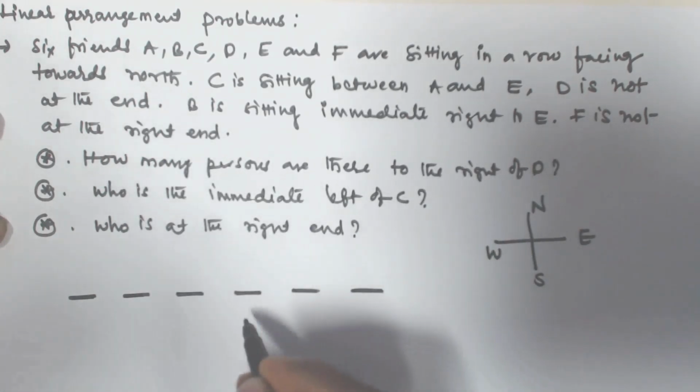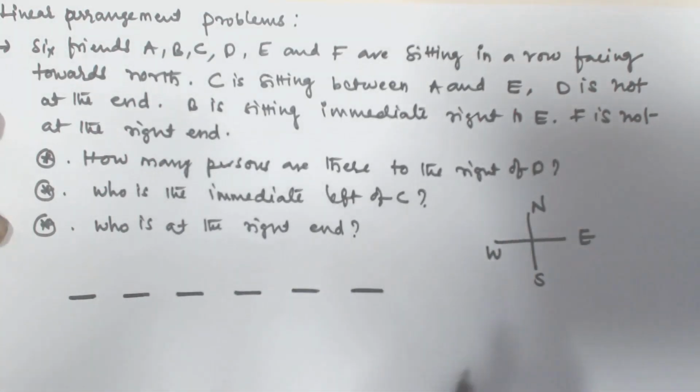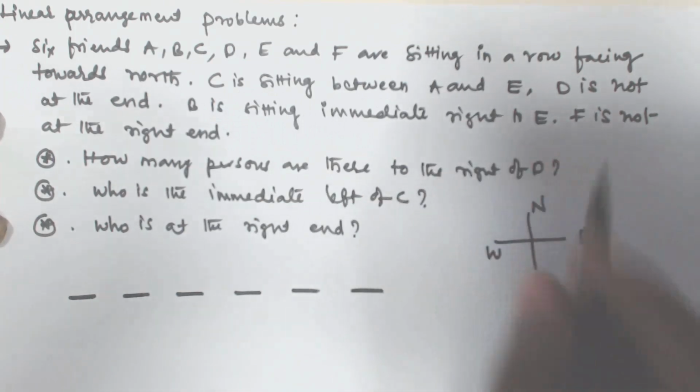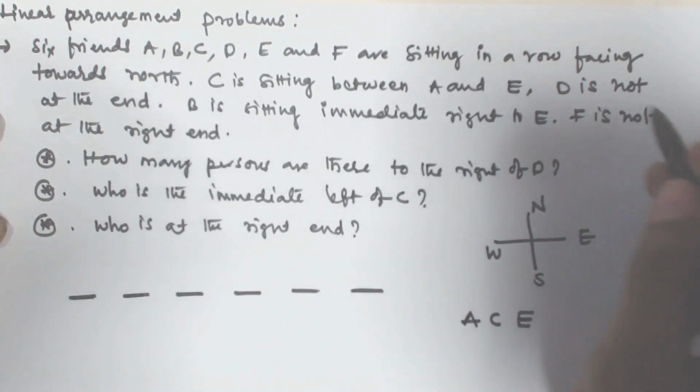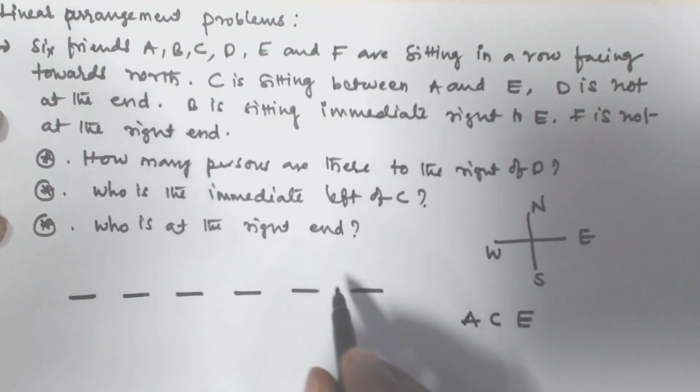Before filling the finalized positions, we will find just the arrangement order. C is sitting between A and E, so if A is here and C is here and E is here, C is between A and E. D is not at the end.